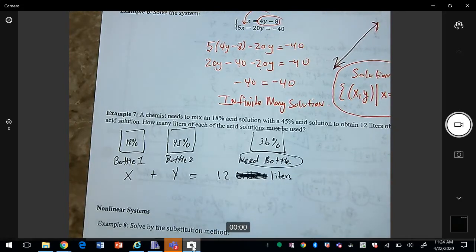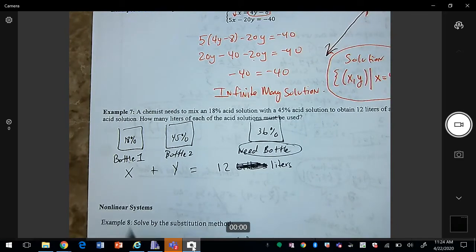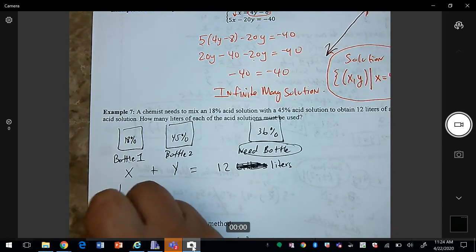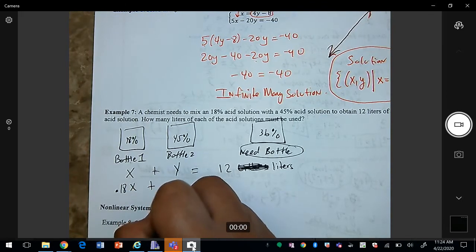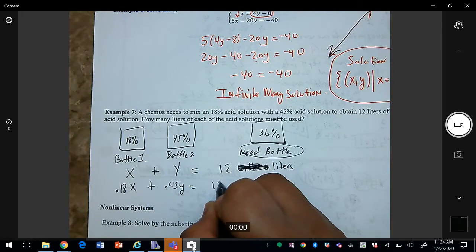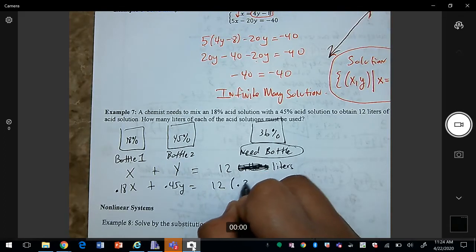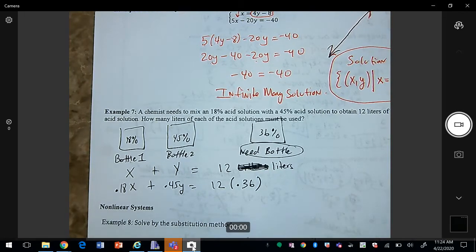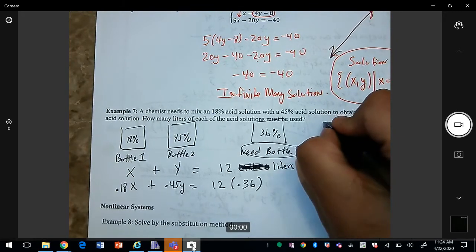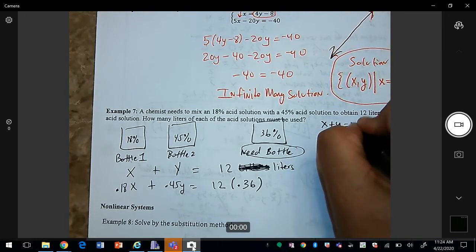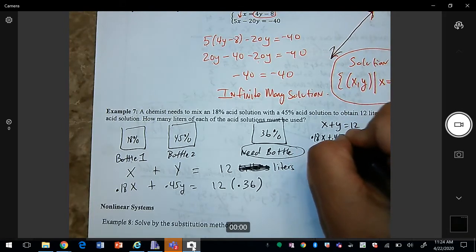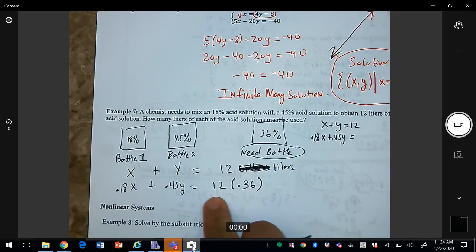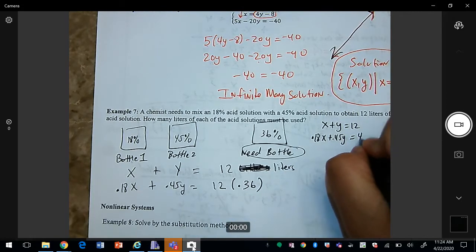The first bottle is 18% acid solution, the second one is 45% acid solution, and the new one that we're interested in is 36% acid solution. So we have two equations: x plus y equals 12, and 0.18x plus 0.45y equals 12 times 0.36, which is 4.32.